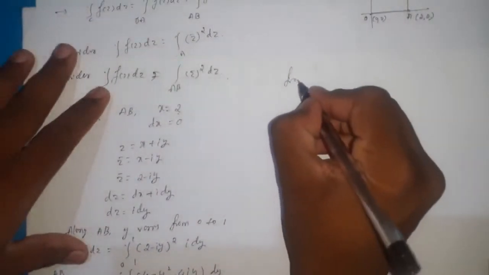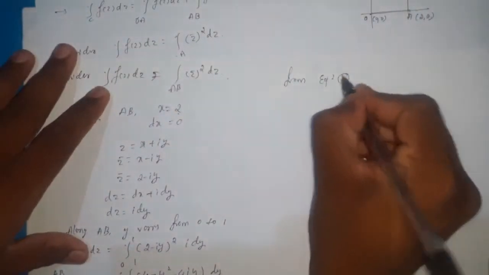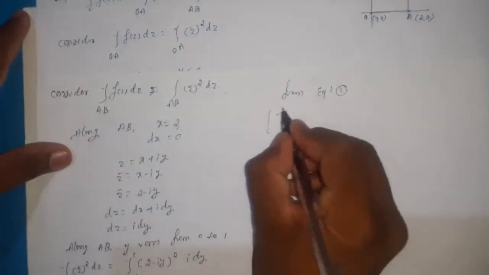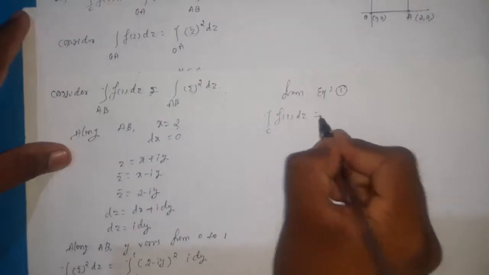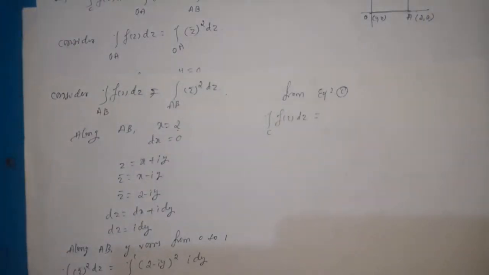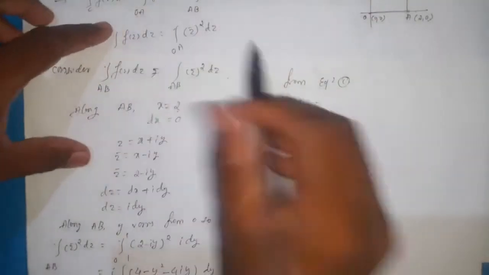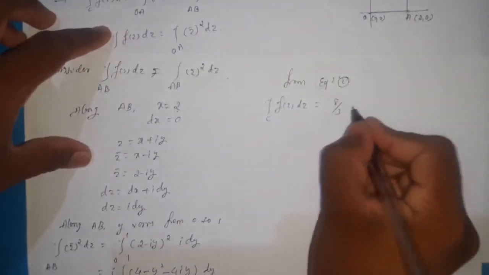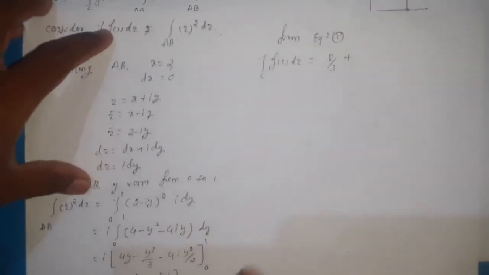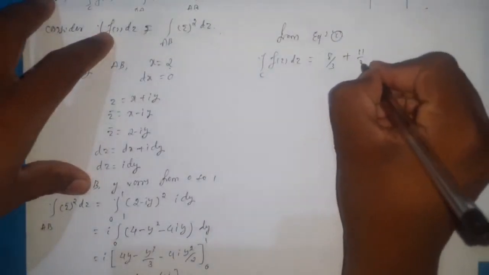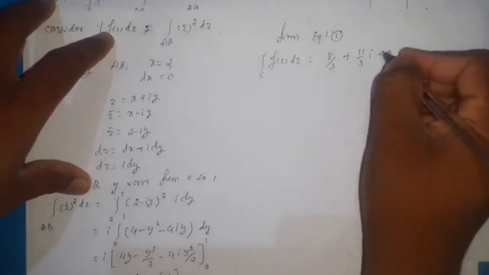So now from equation 1, integration over C f of z dz is equal to, so the answer for the first integral is 8 by 3, plus here it is 11 by 3 i plus 2.